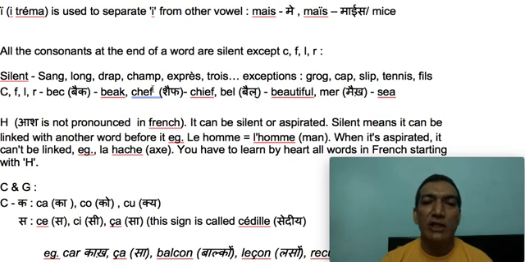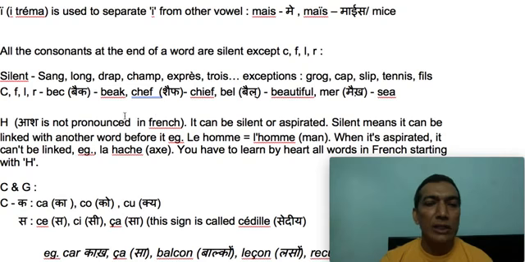So F is not silent. Chef. Belle, B-E-L-L-E. So L is not silent. Belle, which means beautiful, for the feminine word. Okay. Mer, R is not silent. Mer means sea.